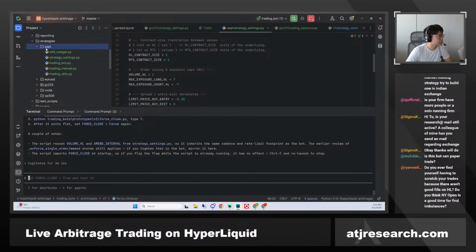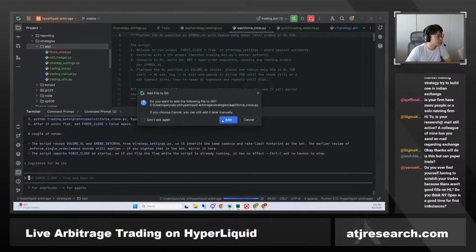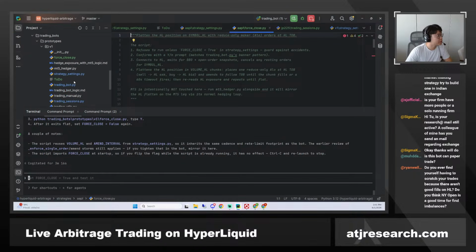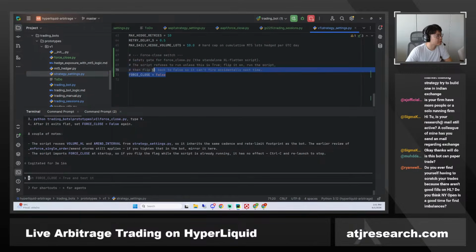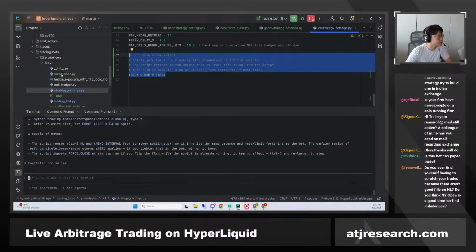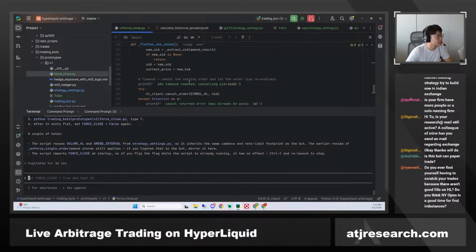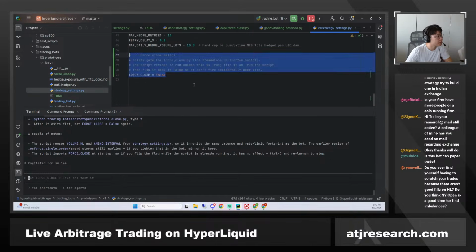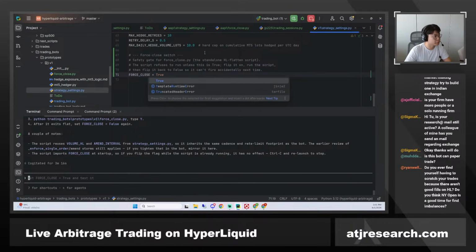So we have the force close script that I can add here. And also in strategy settings, I also added this force close switch. So I can add it here. And apparently I just need to set it to true.